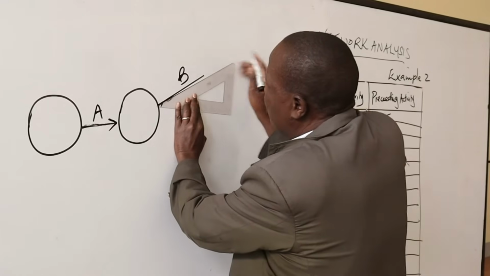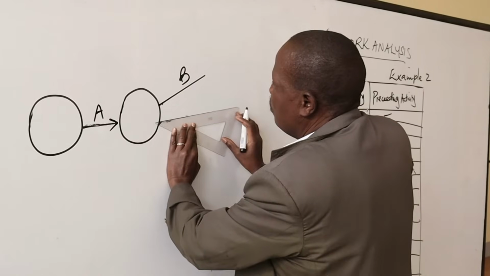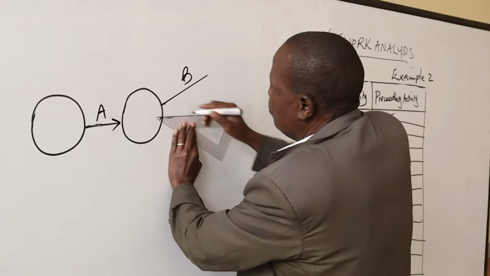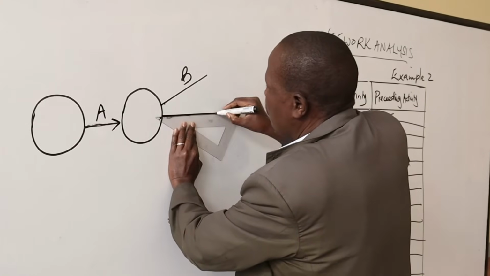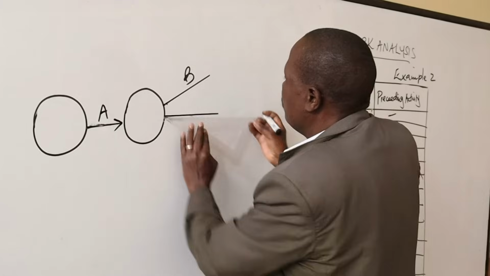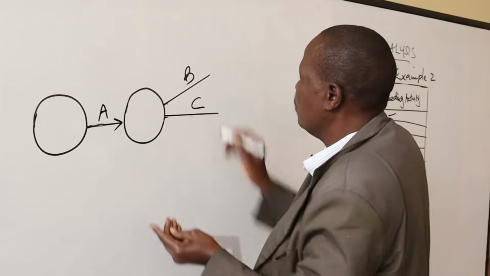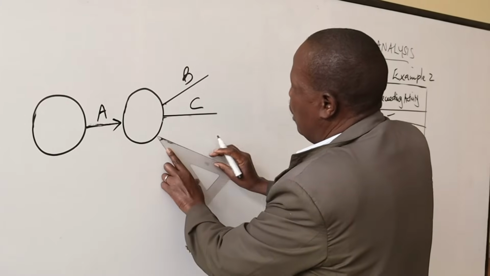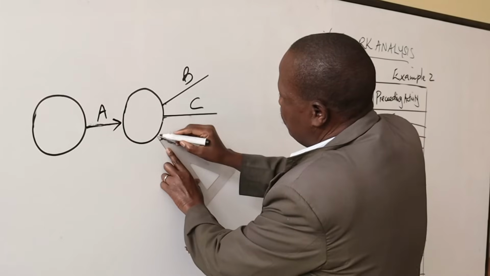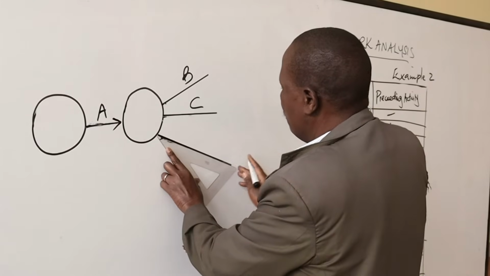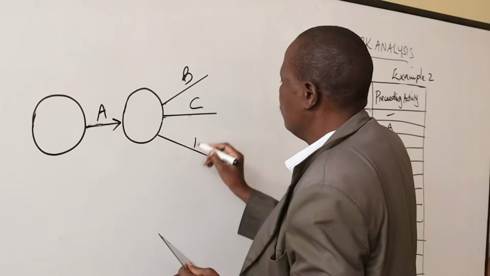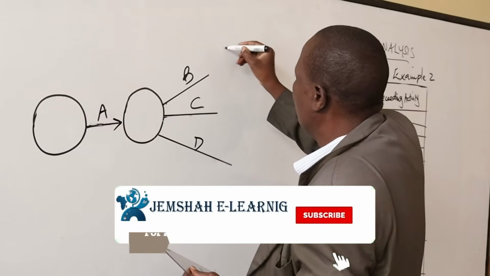This is B. This is C. And this is D. Then the nodes.